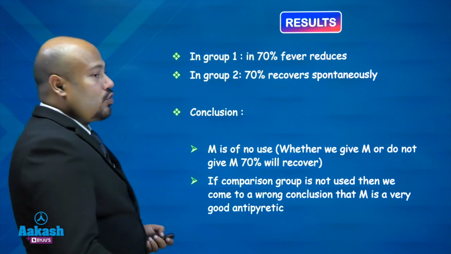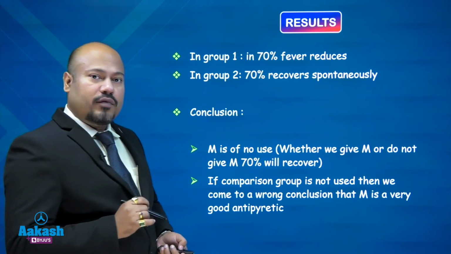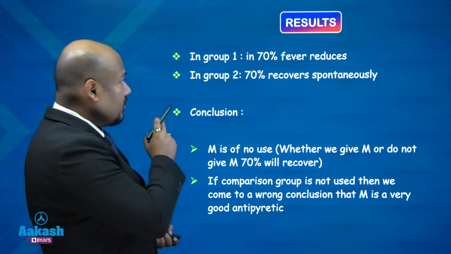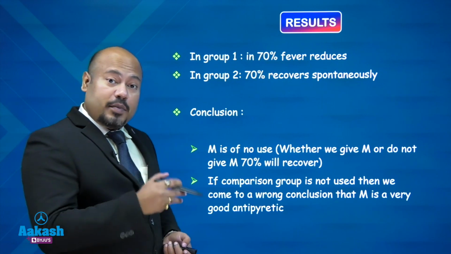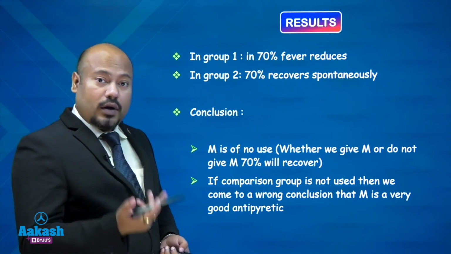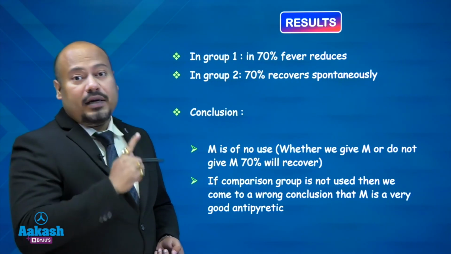Okay. So what we find is that in case of group 1, in 70% of the patients, the fever reduces. They are given the tablet. In case of group 2 also, 70% of the patients fever reduces. We have not given the tablet, which means what? 70% of the patients fever, it recovers spontaneously.